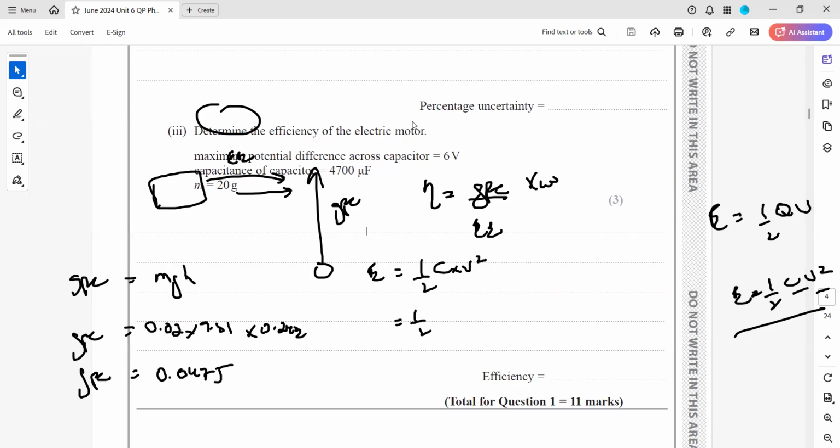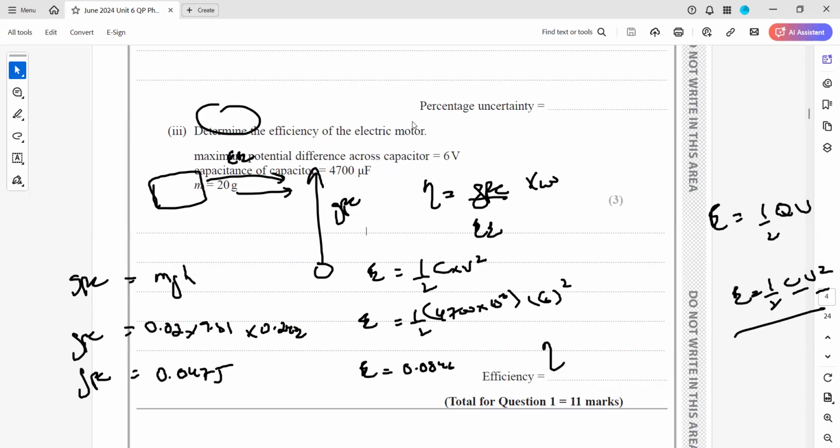So 1 by 2. C is the capacitance 4,700 micro, so 10 power minus 6. And the voltage of the supply was given 6, so 6 square. How much is the energy supplied by the electrical energy supply? 0.0846. So 0.0846.